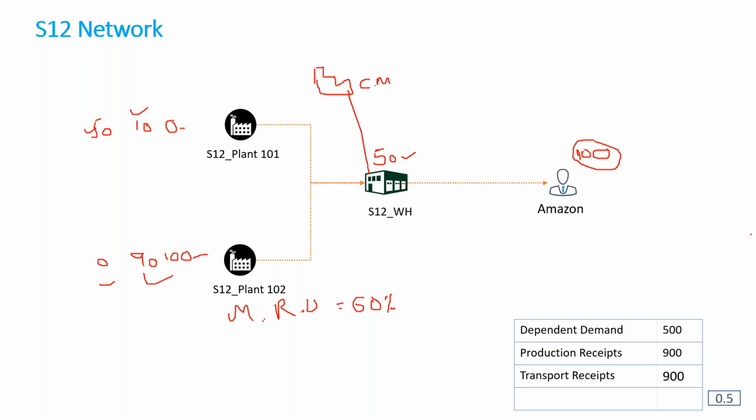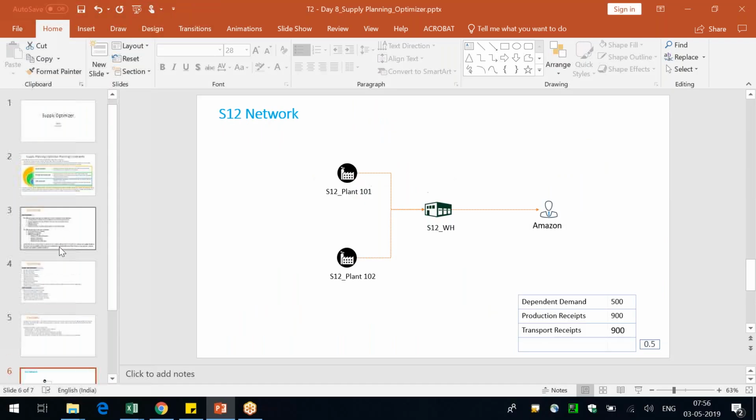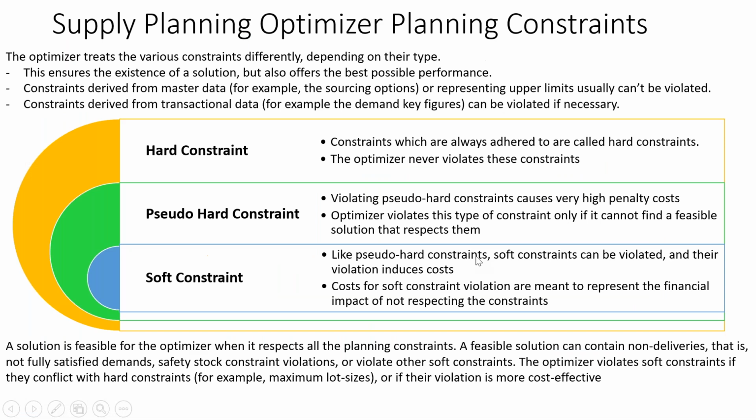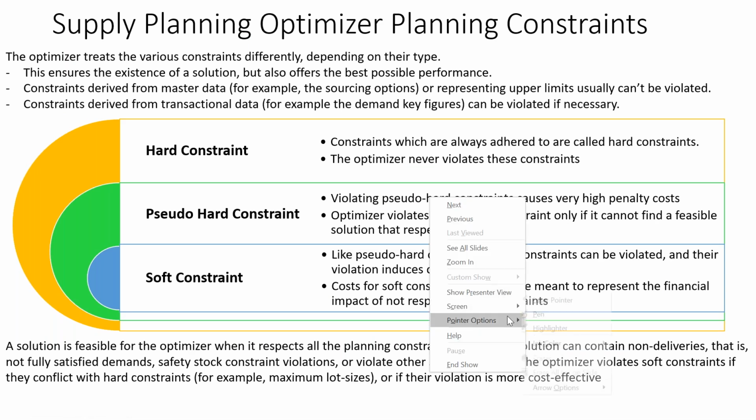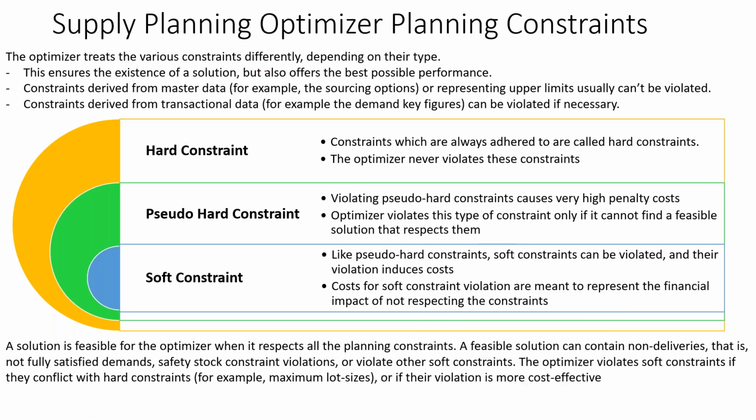Let's complete the theory, then I think we'll cover everything in the theory itself. There are different constraints, various constraints, and the optimizer treats them differently depending on their type. So this ensures the existence of a solution, but also offers the best possible performance, right?